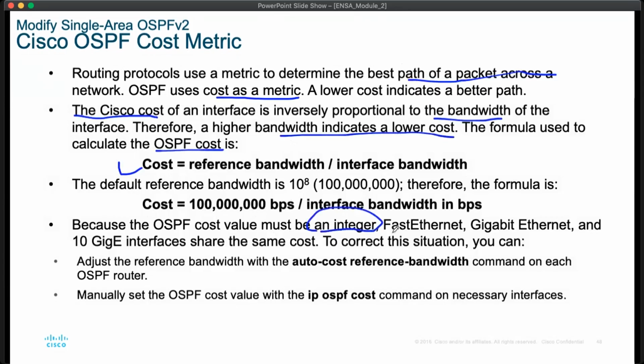That's one thing. Fast Ethernet, Gigabit Ethernet, and also 10 Gigabit interfaces share the same cost. To correct this situation, you can adjust the reference bandwidth with the auto-cost reference-bandwidth command on each OSPF router, or manually set the cost value with the ip ospf cost command on necessary interfaces.